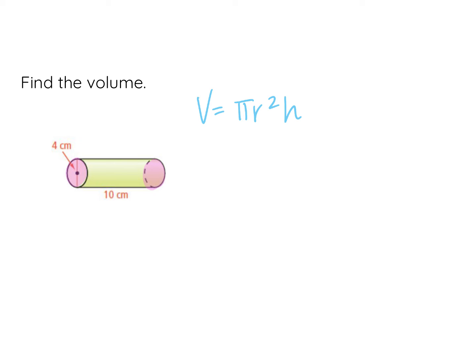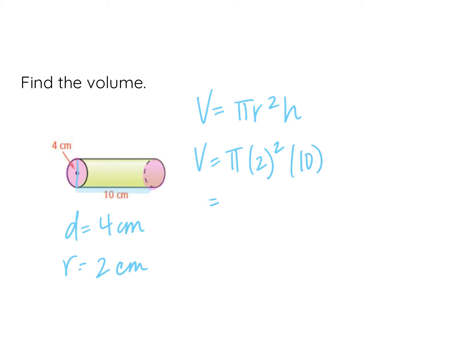This 4 is giving us this whole distance, so that's the diameter. So we need the radius. Remember, we chop that in half, so the radius would be 2 centimeters. So volume is going to be pi times 2 squared, because that's my radius. And then the height is what connects base to base, so that would be this 10.